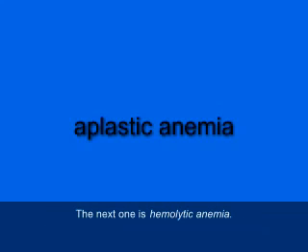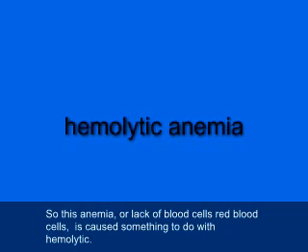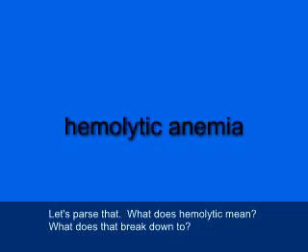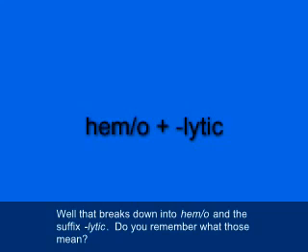The next one is hemolytic anemia. So this anemia, or lack of red blood cells, is caused by something to do with hemolytic. Now let's parse that. What does hemolytic mean? What does that break down into? Well, that breaks down into hemo plus the suffix lytic.